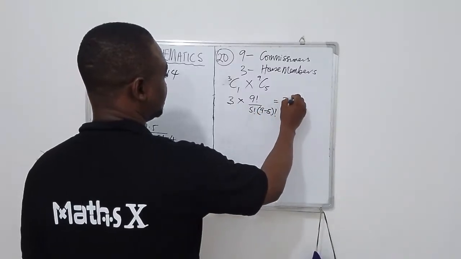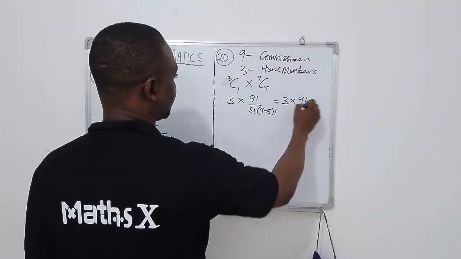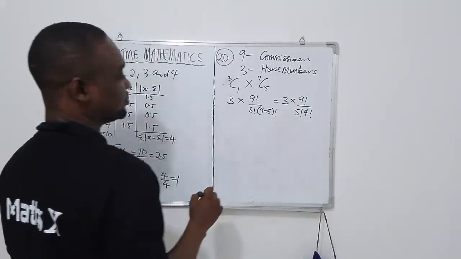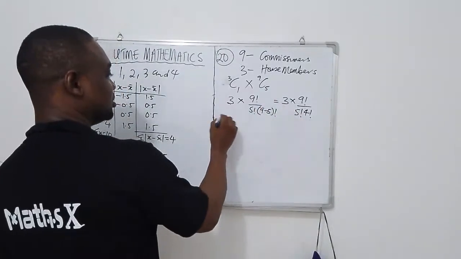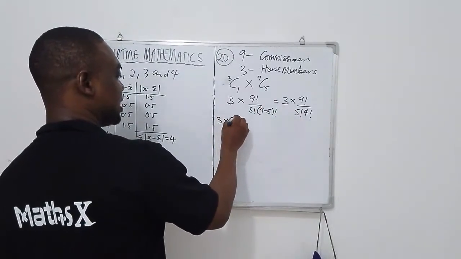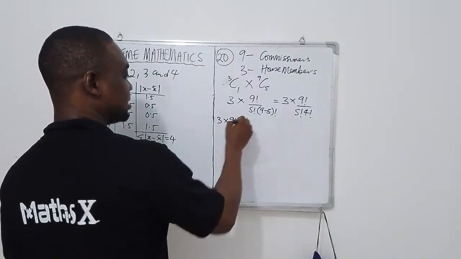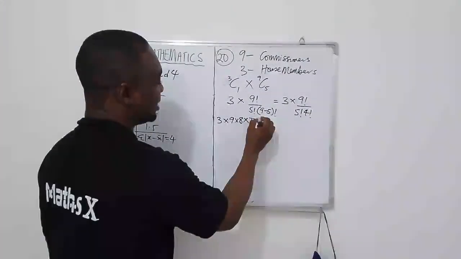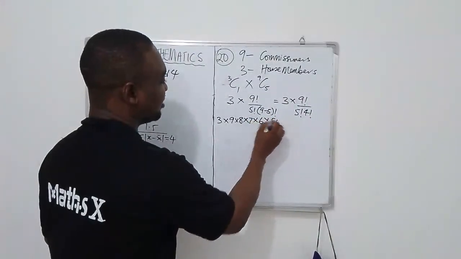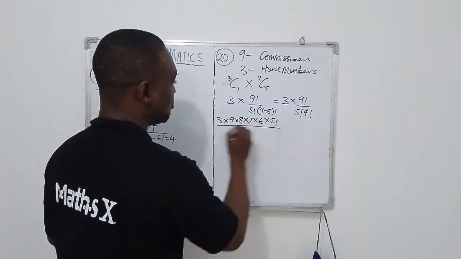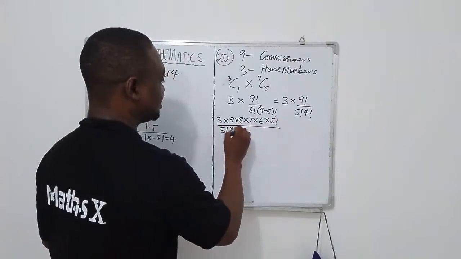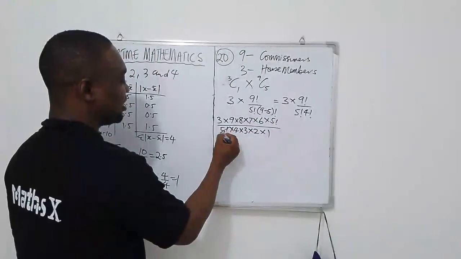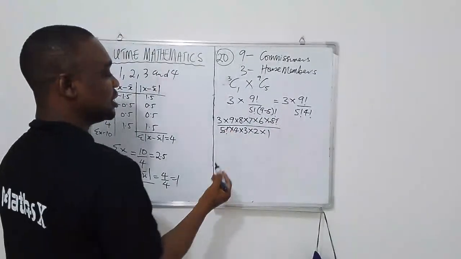This amounts to 3 times 9 factorial over 5 factorial and 4 factorial. So let's work based on 5 factorial. This will be 3 times 9 times 8 times 7 times 6 times 5 factorial over 5 factorial times 4 times 3 times 2 times 1. So 5 factorial cancels 5 factorial.